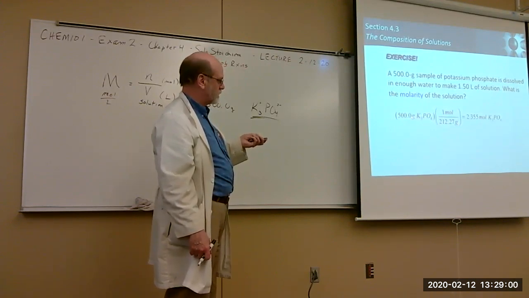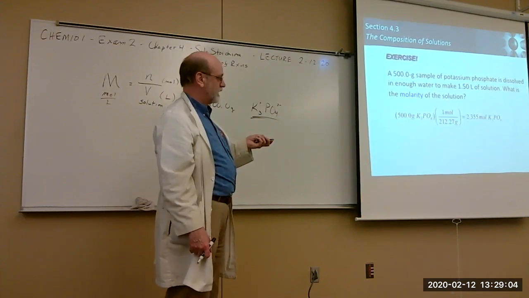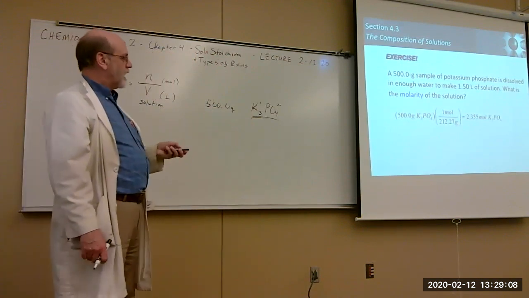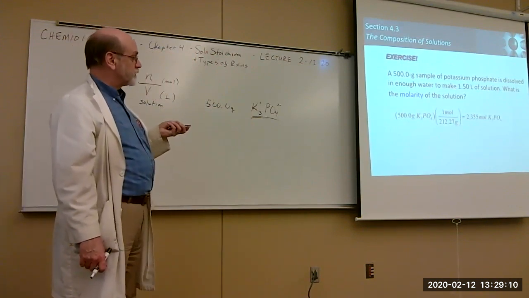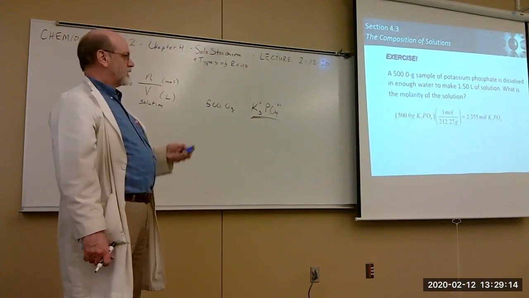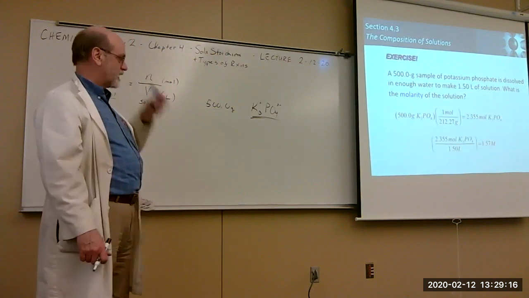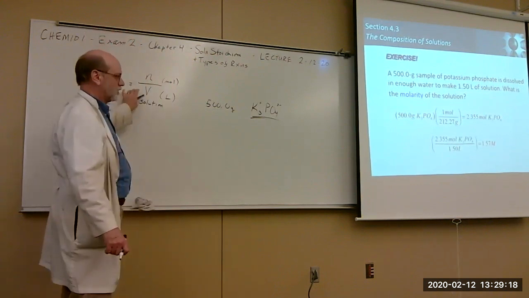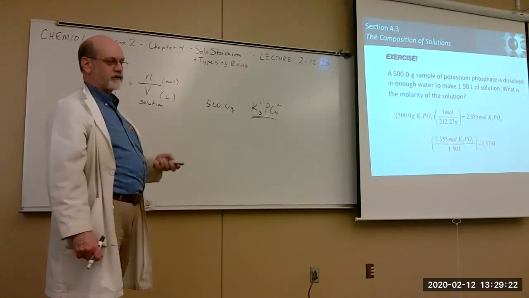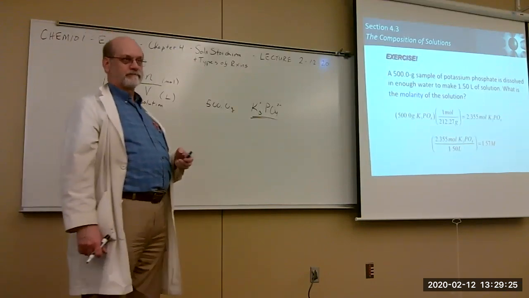So the grams divide into grams, cancel, and leave us with moles. And that's the number of moles of K3PO4 that you have. The final solution volume is 1.5 liters. So now, from that point, it's simply using this formula, moles per volume, 1.57 molar. Okay?